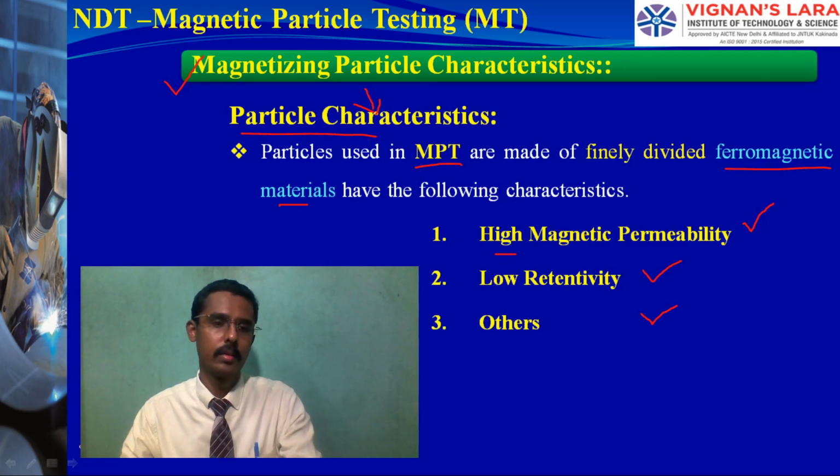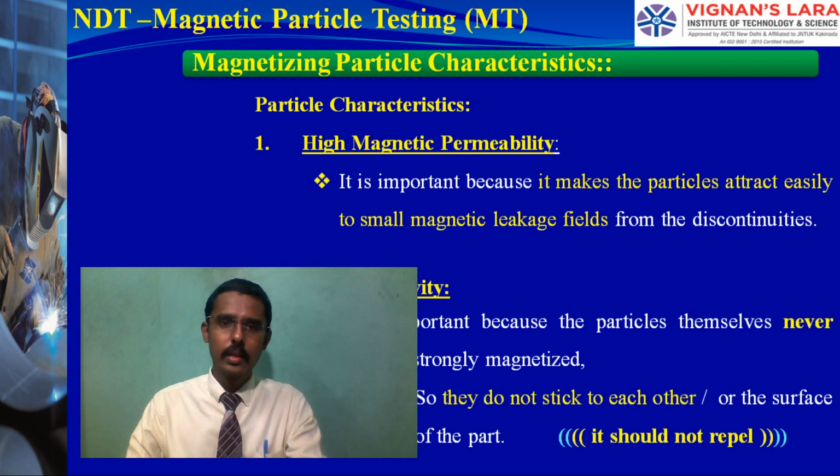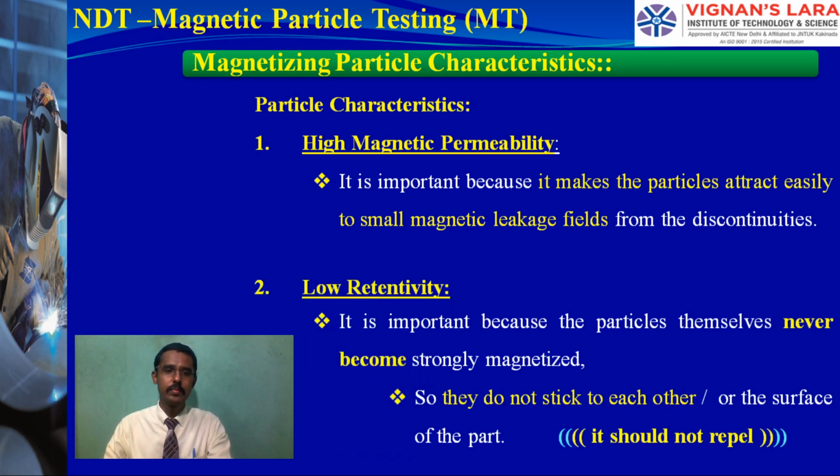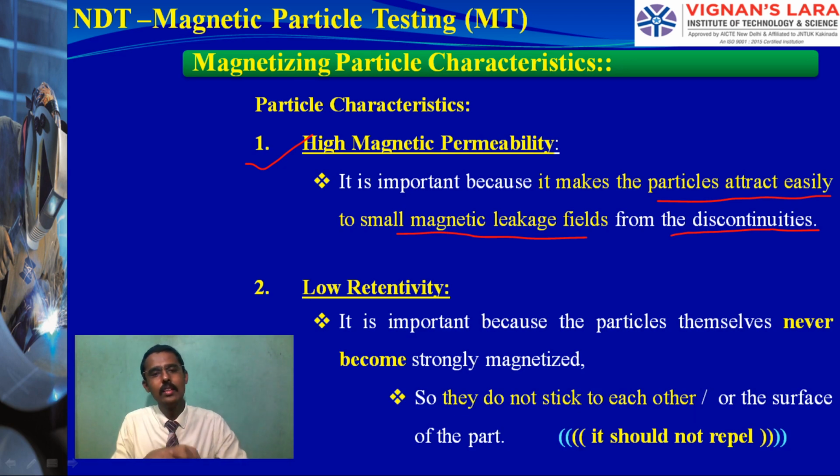We will take number one, magnetic characteristics: high magnetic permeability. It is important because it makes the particles attracted easily to even small magnetic leakage fields from the discontinuity. We have heard this word permeability in casting: how far it permits the air and hot gas generated from the casting process to move outside through the porous sand.